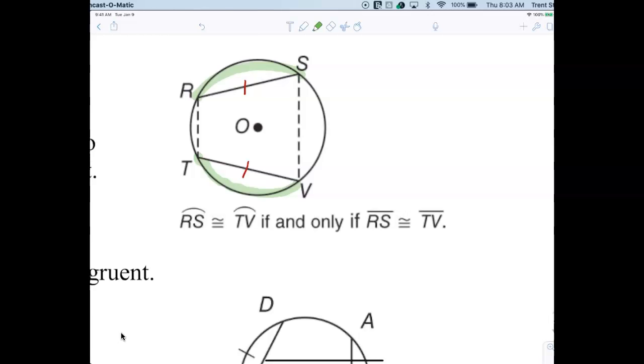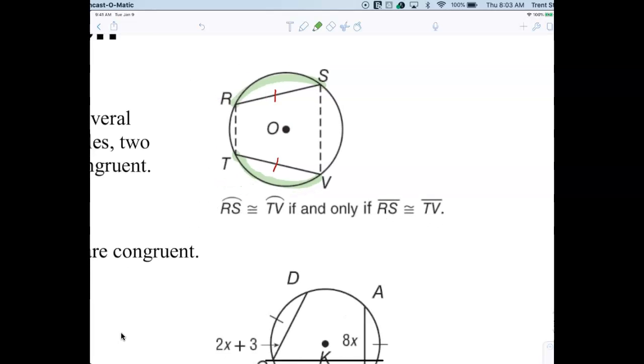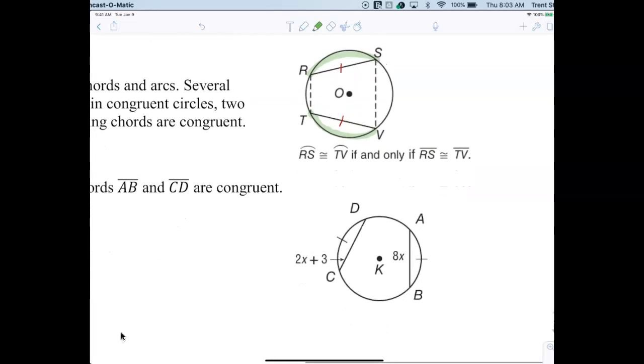And obviously the converse of that would be true as well, which means if arc TV is congruent to arc RS, then the chords are congruent. Now, generally it is in a single circle, but you can do it across circles.